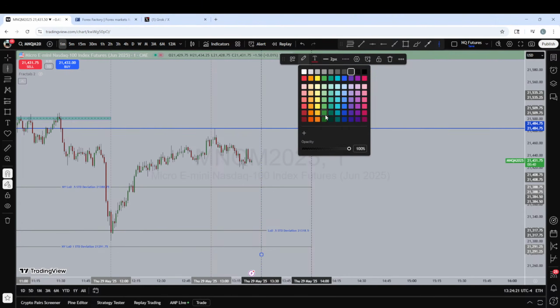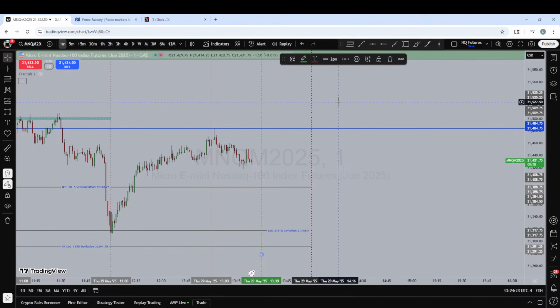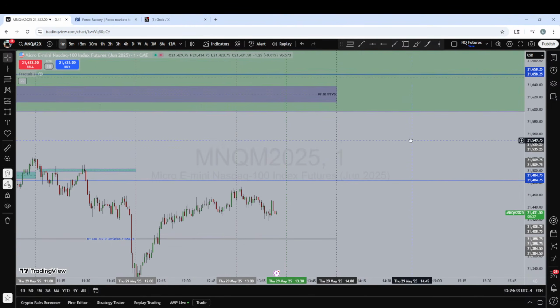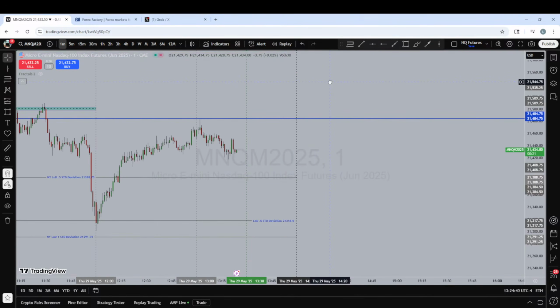I use color to separate things. It automatically just tells my brain what everything is. That's why you see a lot of color. Purple, first fair value gap. Green line, dotted, delineates 9:30 in the morning and then 1:30 in the afternoon.